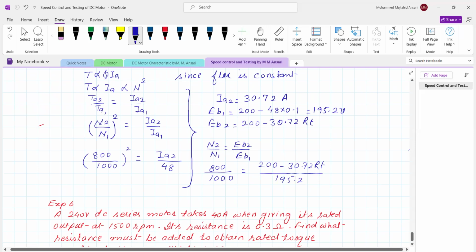So from this we can calculate the total resistance RT, which equals 1.42 ohms, and therefore the external resistance R, by subtracting 0.1, is 1.32 ohms.